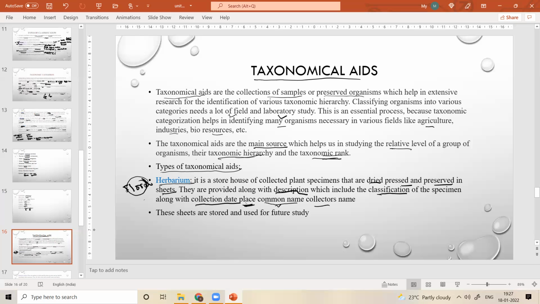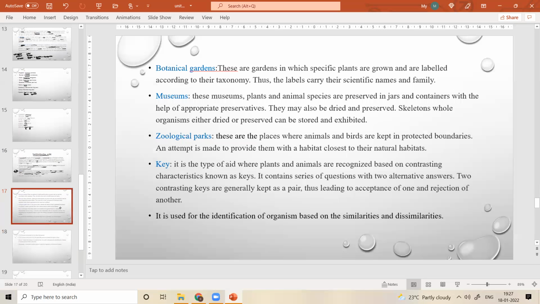And the collector's name, the person who collected the herbarium. All these will be described in a short description on the herbarium sheet along with the plant stuck onto it. These sheets are stored and used for future study. So that is what the herbarium is. Herbarium is one of the ways to preserve diversity.